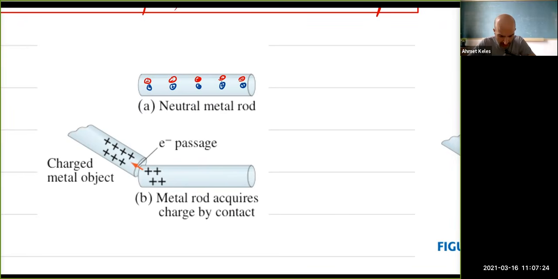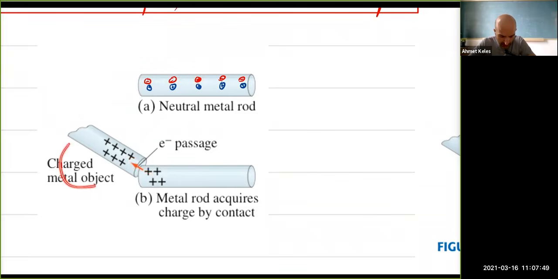So when you bring this charged object, it is going to pull some of the electrons, right? When you touch like this, these negative electrons here, this one, maybe this one, if this is enough, they are going to move to here.